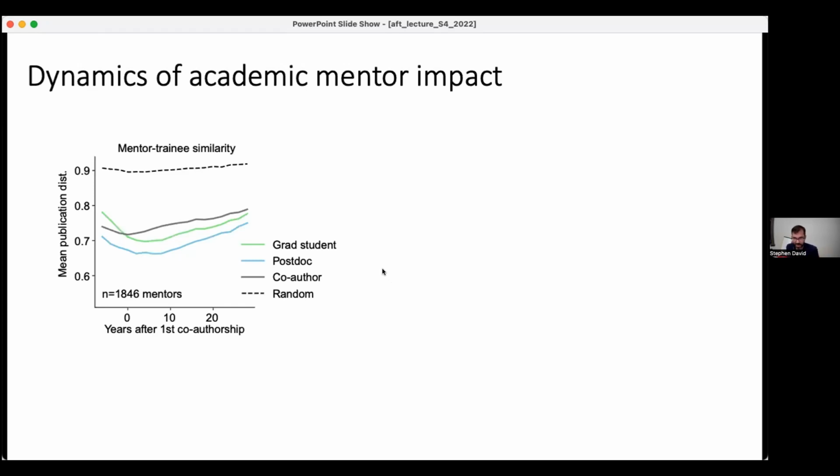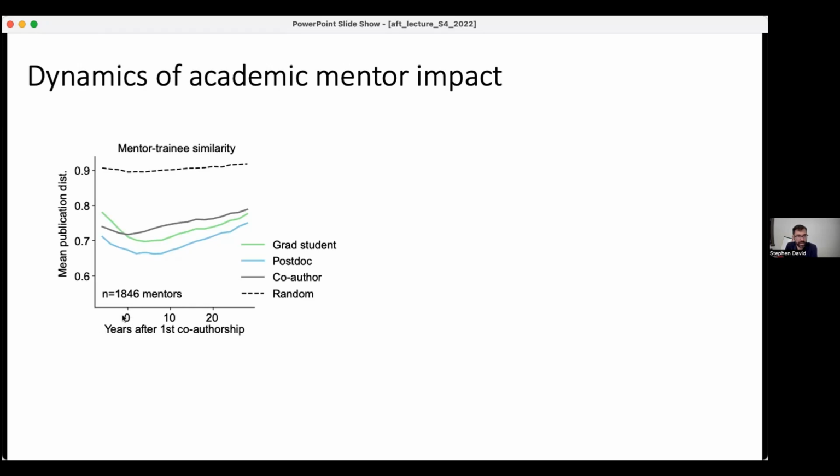I thought this was an interesting analysis, one little mini project I've been working on recently, just to get a sense of what the data look like. You can ask, what impact does a mentor actually have on their trainees? Here we're only looking at publications that were not co-authored by these two individuals, because obviously those are going to be very highly correlated.